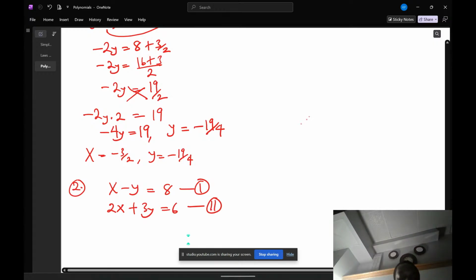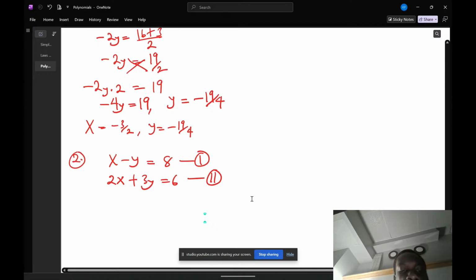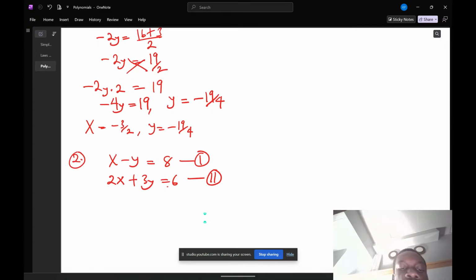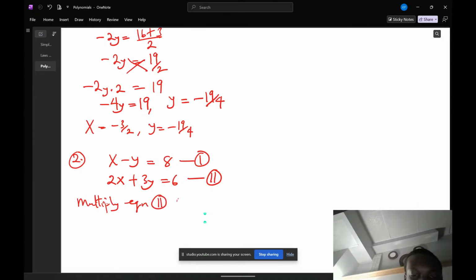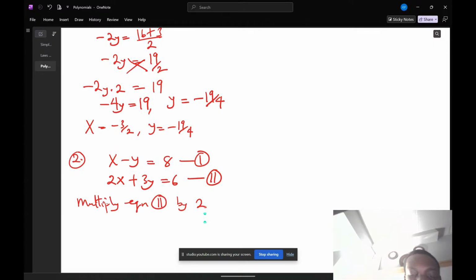So now in this case, when you look at the coefficients of x and y in equation 2, they do not have any same coefficients as the linear equation of equation 1. So what we can do is multiply equation 2 by 2.